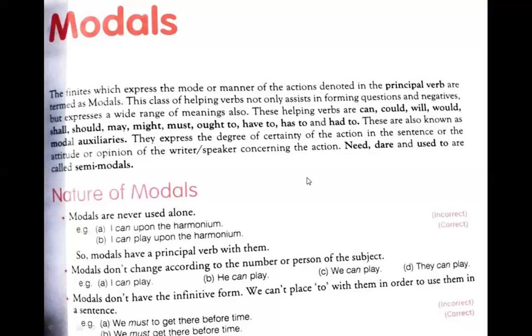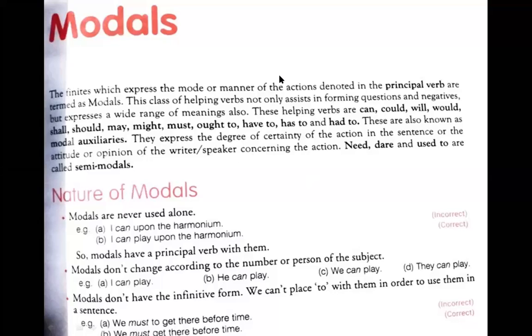Principal verb means the base form of the verb is used with the modals, not the singular form. Modals don't change according to the number or person of the subject. Now you see, we did in the tenses singular verb and plural verb. Like this, modals don't change according to the number or person of the subject.